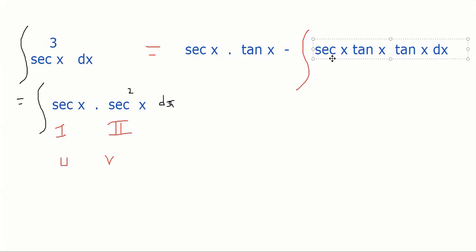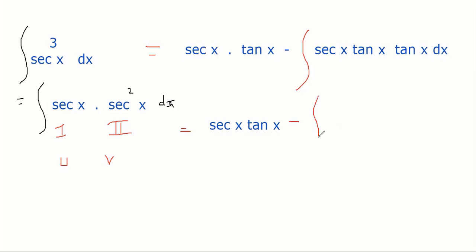So what does your question become now? Your question becomes now, this is secant x tan x, no problem. The problem is the second one again. Integration of secant x tan square x. Let me write it first.